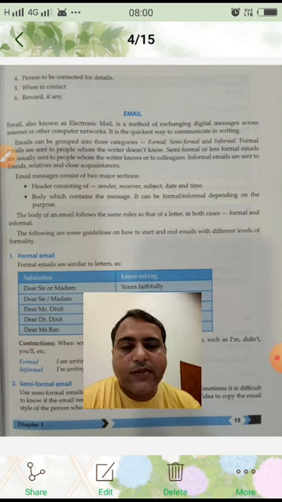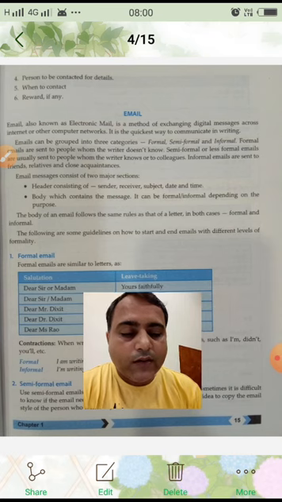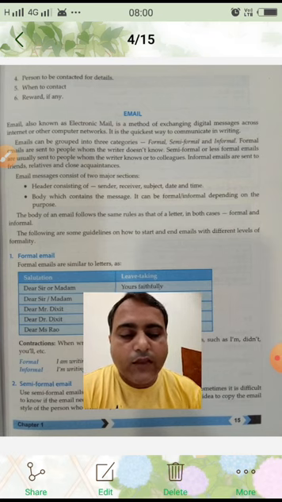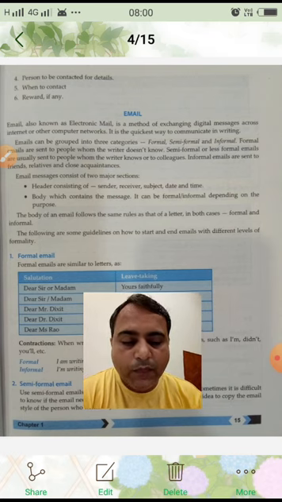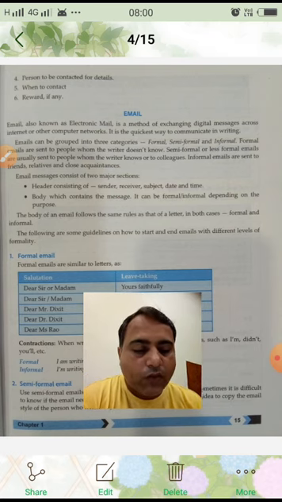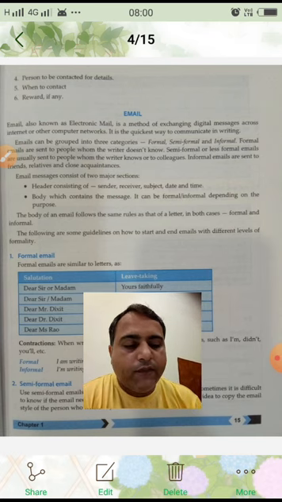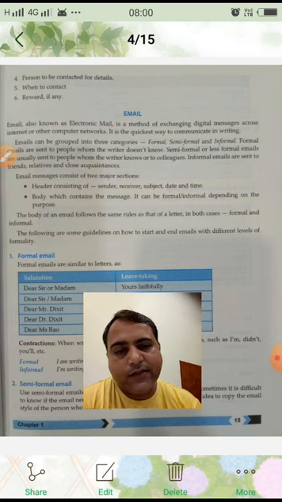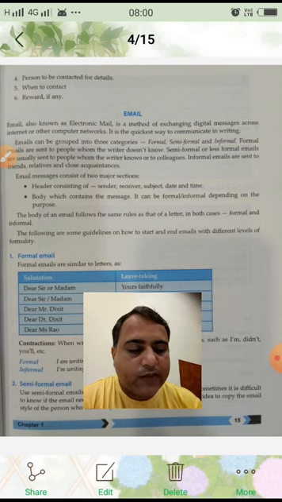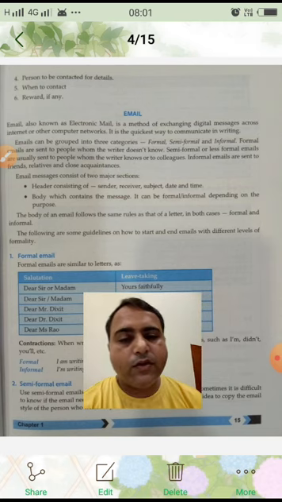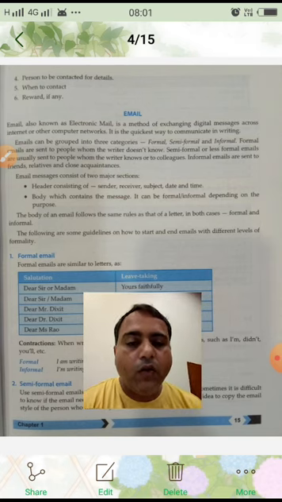Formal emails are sent to the people whom the writer doesn't know, and semi-formal or less formal emails are usually sent to the people whom the writer knows or to colleagues, and informal emails are sent to friends, relatives and close acquaintances. Okay, the first one, formal emails, are written to the people whom we do not know at all.